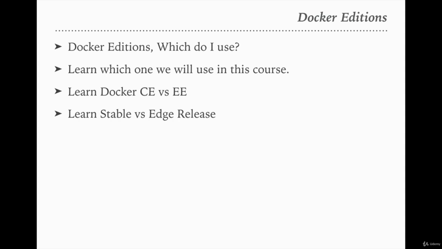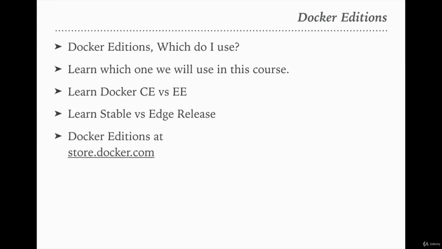The edge release comes with the latest technologies and the latest changes in Docker, which are not tested. On the other side, there is the stable release as well. A stable release of the Docker Community Edition is released every quarter, whereas an edge release is released every month.